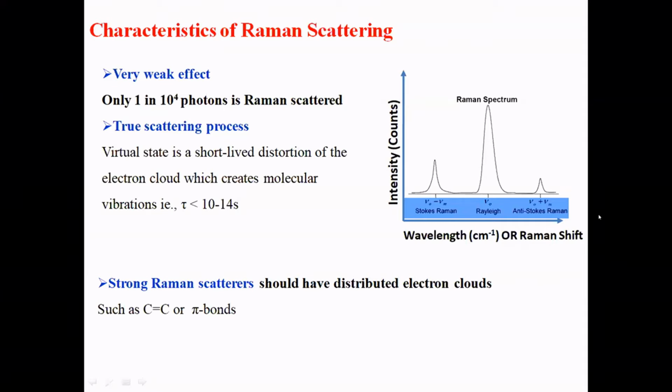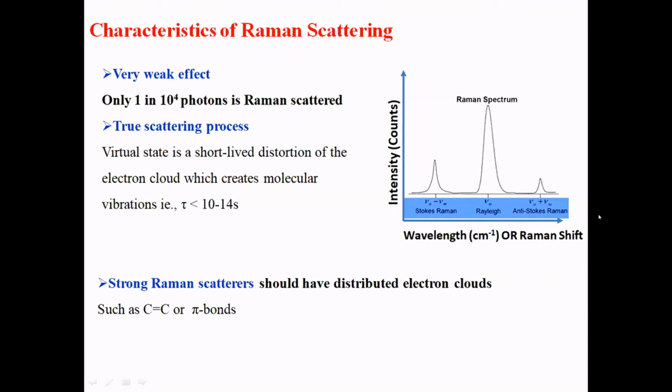Basically, this is a very, very weak process. Why am I saying weak? Because, as I told you, only a small portion of the photons can be scattered. Even then, only a very small amount of photons can be expected as inelastic scattering, like Raman lines, either anti-Stokes lines or Stokes lines. Most of the light is elastically scattered, so there is not much information as there is no change in the wavelength.